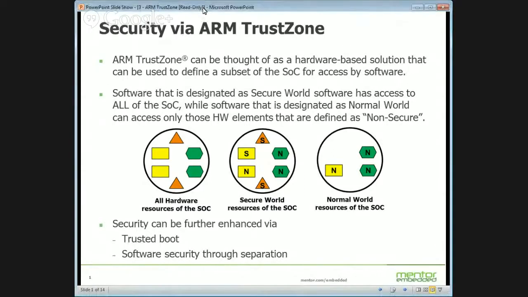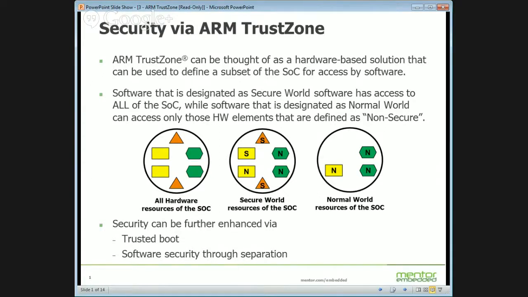If you can see my slides right now, ARM TrustZone is a set of hardware-enabled capabilities that allow a developer to partition the IP in the silicon. You can go through your device and literally identify which pieces of the silicon are normal and which pieces are secure.